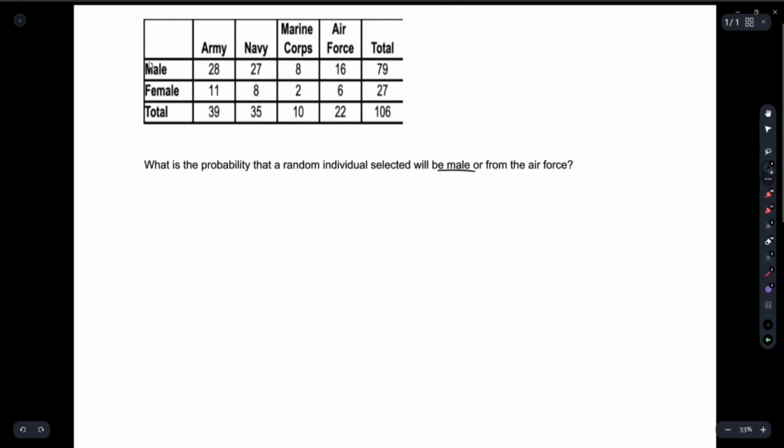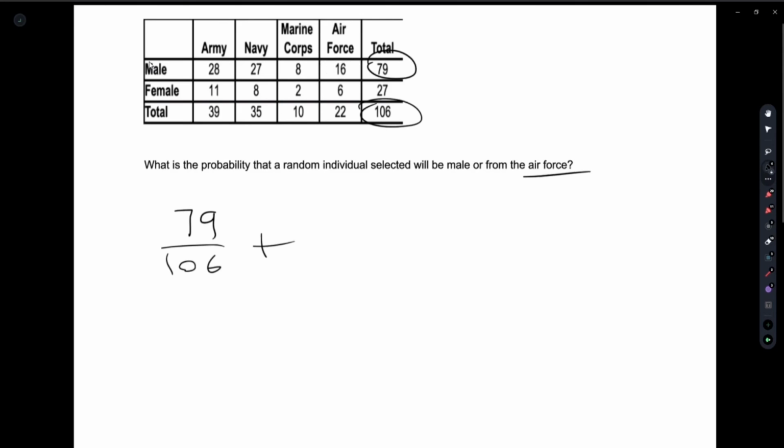So first, the probability of a male is 79 over 100. So 79 over 100, plus Air Force. Air Force is 22 out of 106. 16 if it's only male. So it's 22 out of the 106.